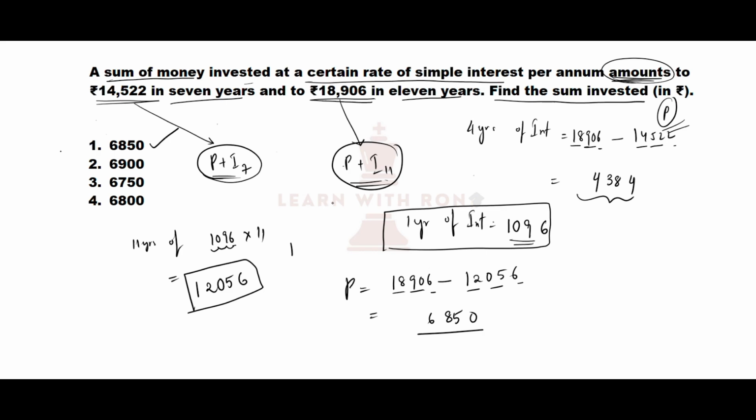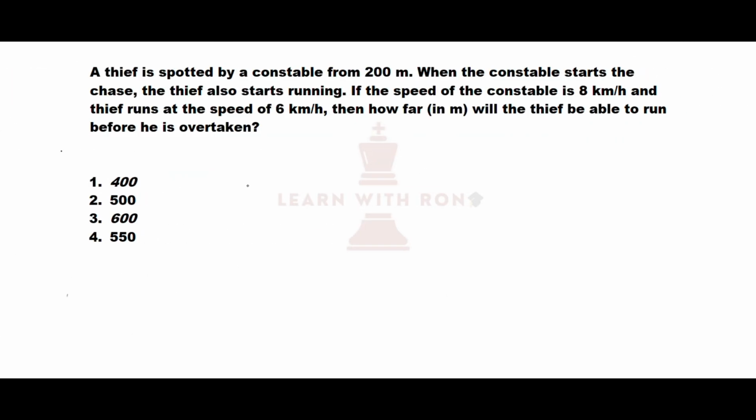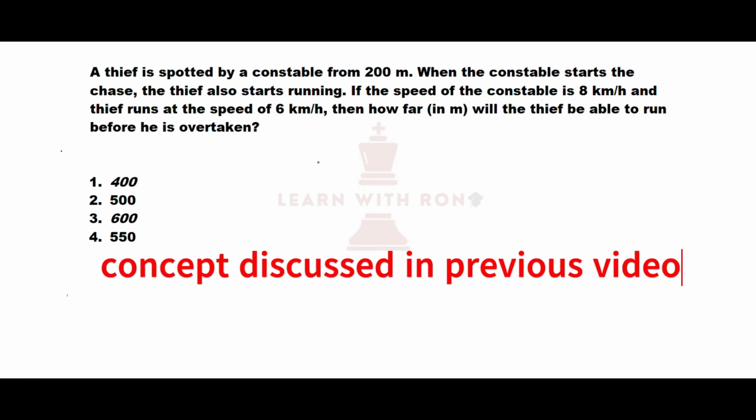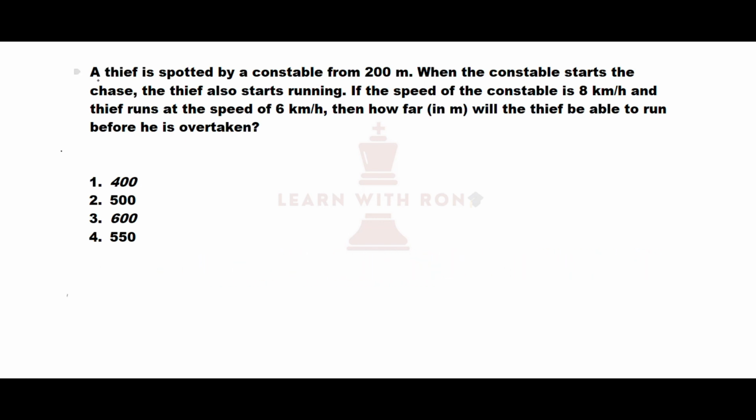Let's see the next question. See this question here. This police and thief concept question we already discussed in previous shift videos, right? Now see here, a thief is spotted by a constable from 200 meters. So let's draw the diagram again. So here is a thief and here is the police, and the distance they have given is 200 meters.